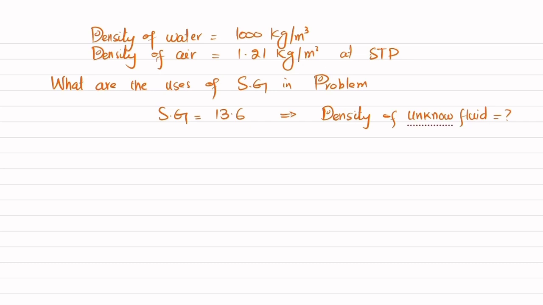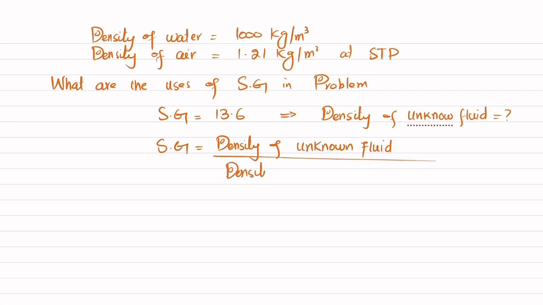So how will you find this density? Again, by definition, specific gravity is equal to density of unknown fluid divided by density of water at 4 degree centigrade or standard temperature and pressure.